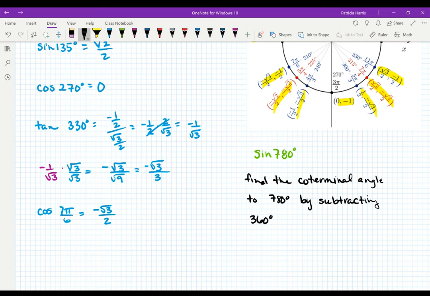Okay, so you would just subtract 360 until you got a number that was on the unit circle. So let's do it one time. I get 420 degrees. Okay, that's still not on the unit circle, so I have to do it again.